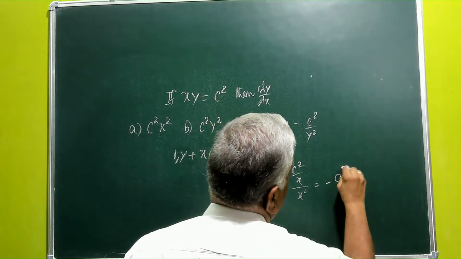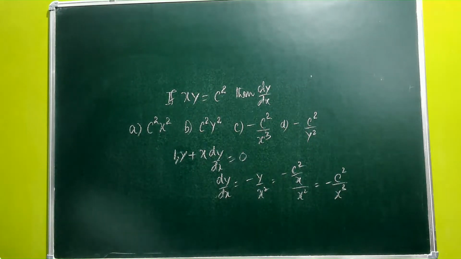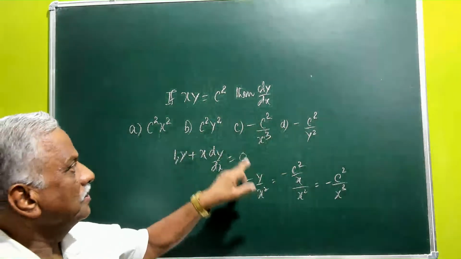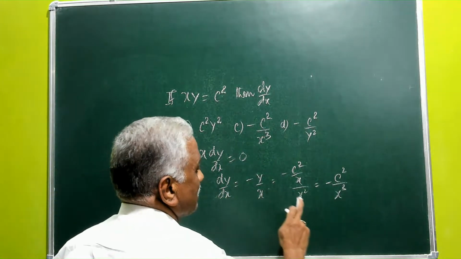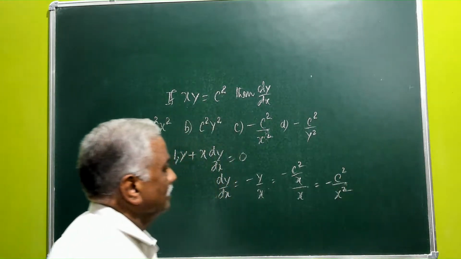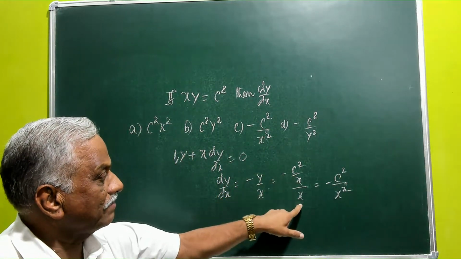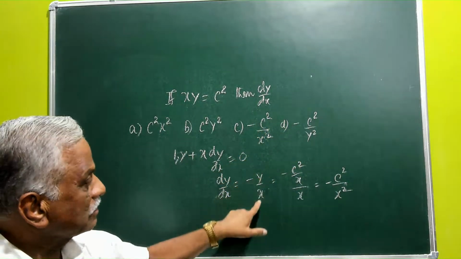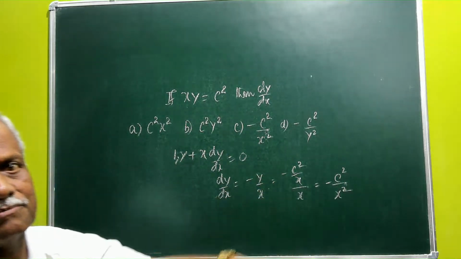Therefore minus c square by x square is the answer. You got it? Try to understand the problem. You are getting minus y by x. What is y? C square by x. And x will come down.